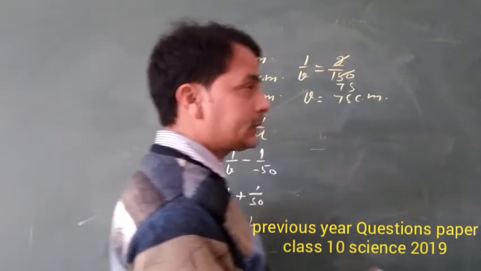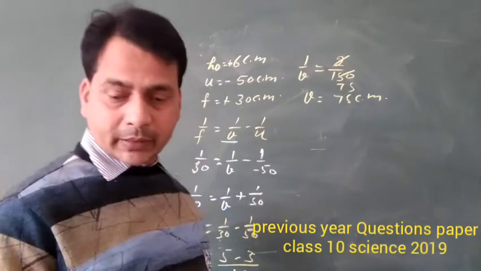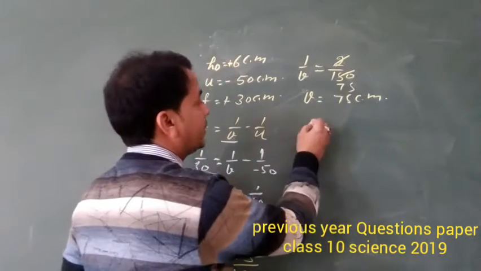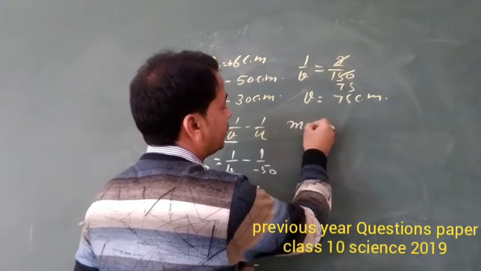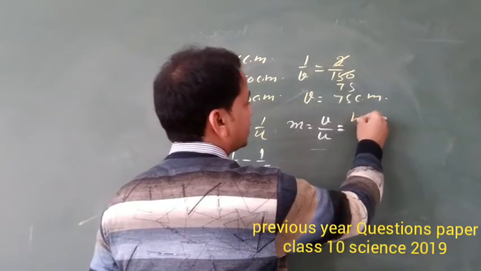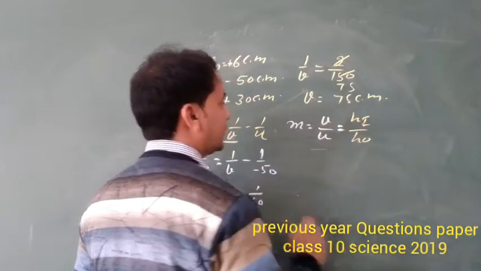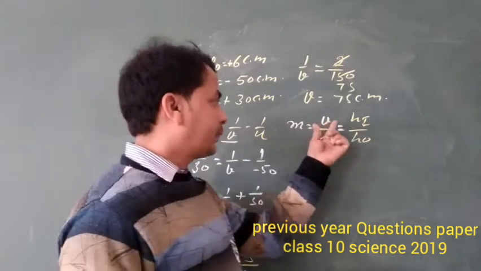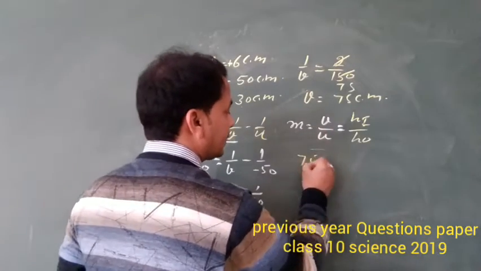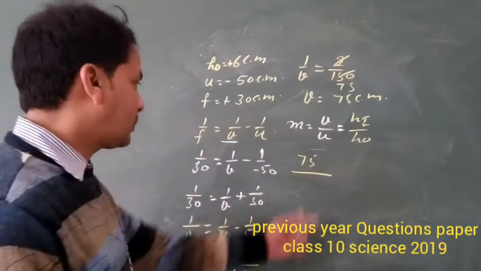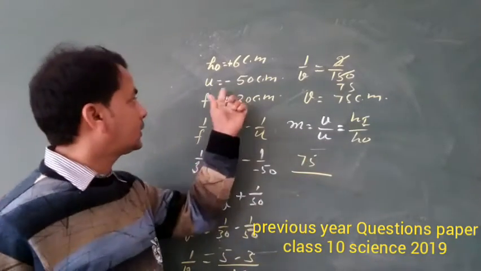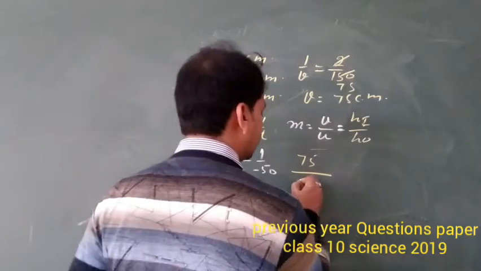Next is the size of the image. The magnification of this lens is equal to v by u, equal to height of image over height of object. The value of v, the image distance, is 75, and u, the object distance, is minus 50 centimeter.